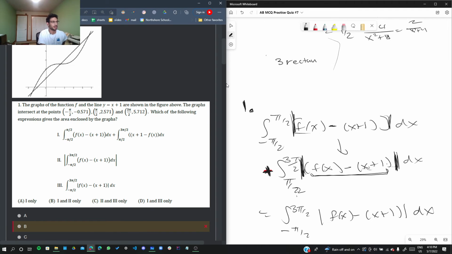So this area will give you approximately 0 because these two are approximately the same. But the area of this is definitely not 0. If you don't take the positive, you're adding a bunch of positive area and a bunch of negative area together and they cancel each other out. So it can't be B. So we're left with D.